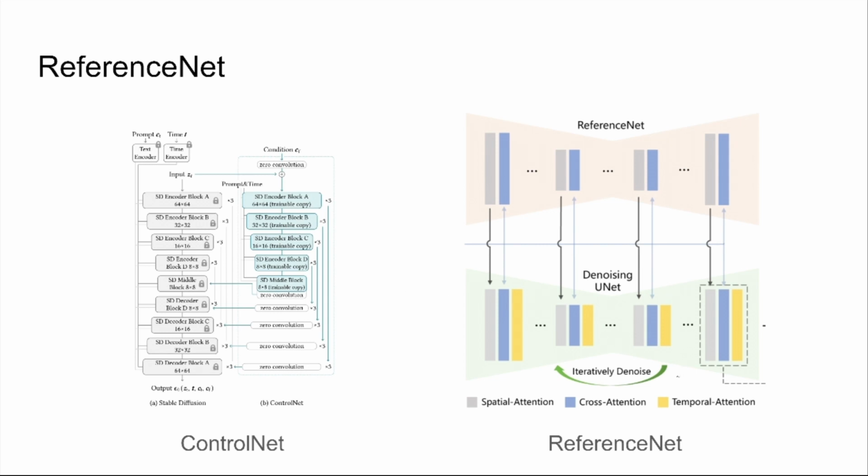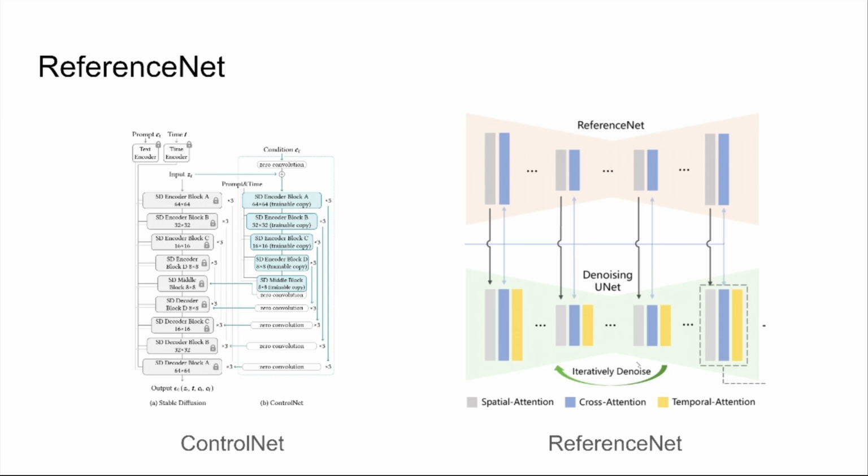But in ReferenceNet, we mentioned before that the ReferenceNet is not generating an image from, for example, the skeleton image, but from a reference image. So you can think you have a human in the first frame, but in every generated frame, the human has a different pose. So spatially they are not aligned.